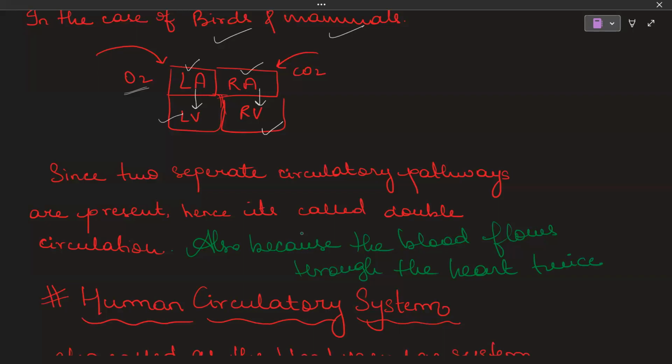Do you people remember how the double circulation happens? Can you explain step by step? Please try. We'll start with body cells. What is collected from the body cells?